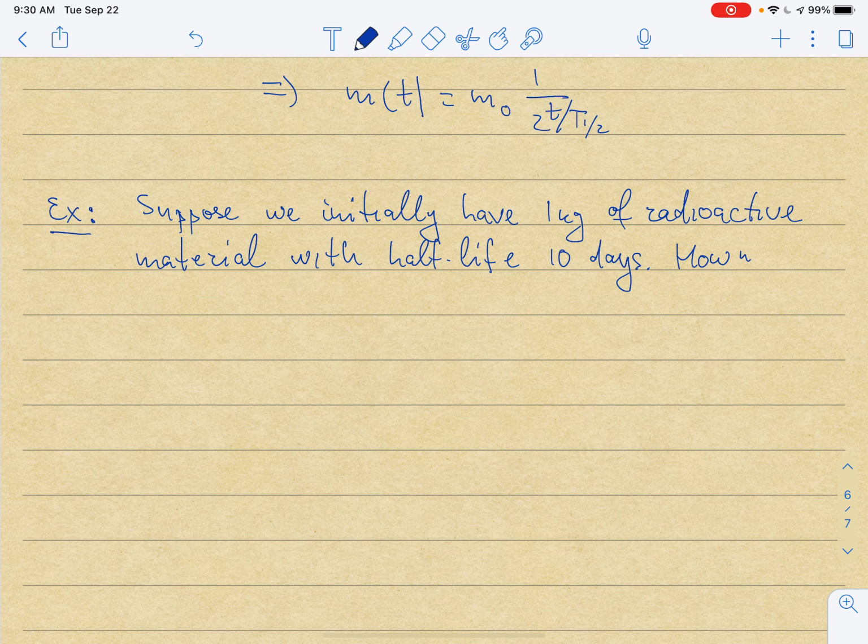How much of the material is left after, let's say, 12 hours?